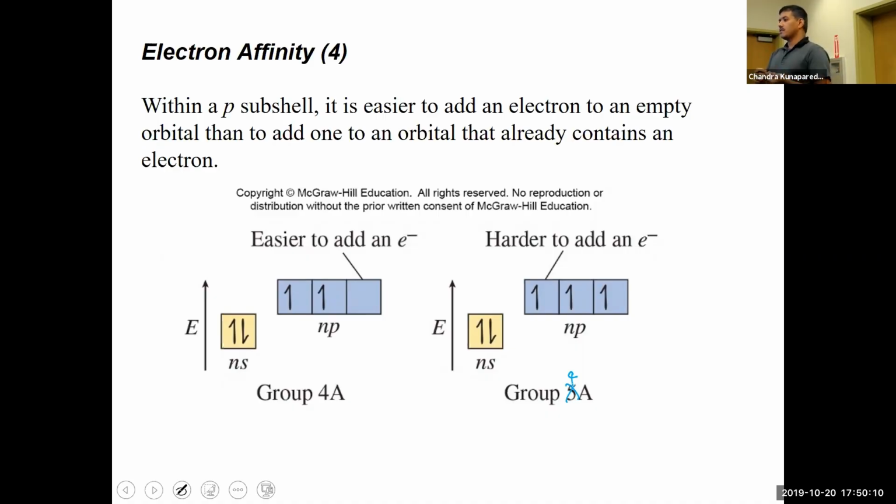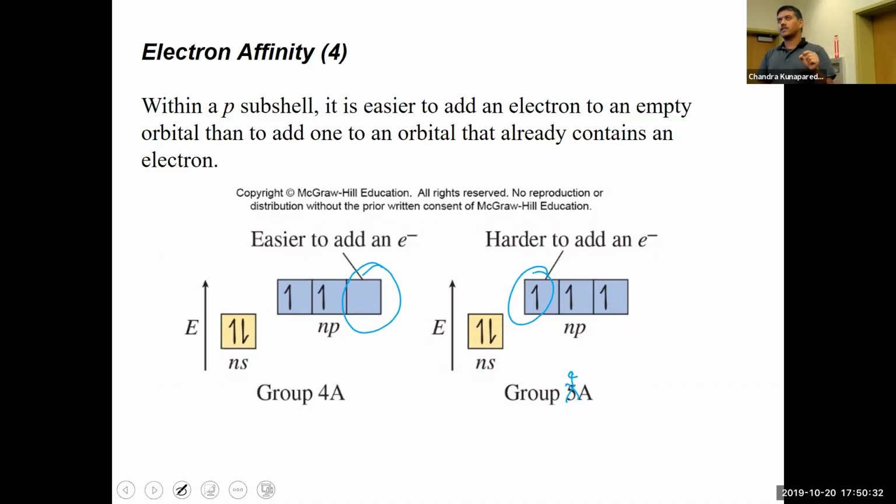So the first example here is going to have a much easier time adding an extra electron than this example. In terms of electron affinity values, this is what is most challenging. We can predict in which case it is going to be much easier to add an extra electron.